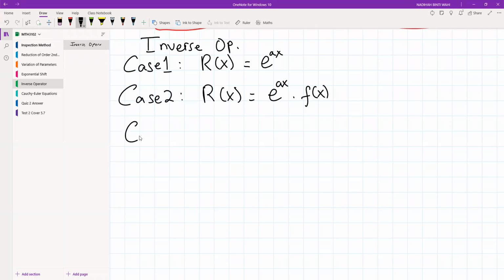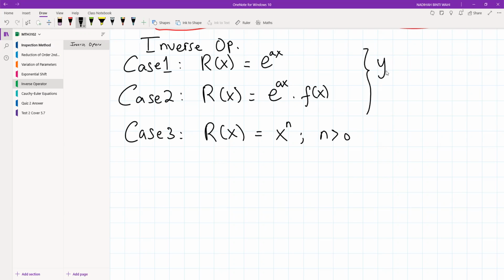Dan yang ketiga kita nak tahu case number 3, which is rx equals to x to the power of n. N can be any number. N is positive integer. Okay, so untuk kedua-dua ni kita buat y particular sama dengan 1 over, saya tak boleh generalize, saya kena buat satu-satu.